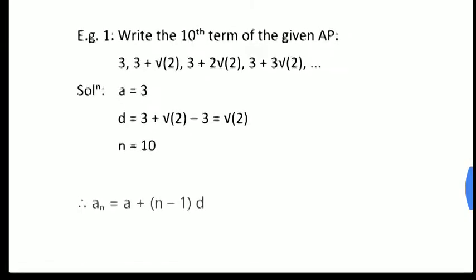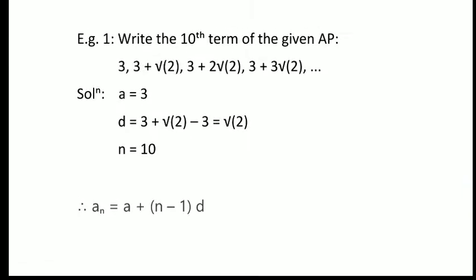So I think all of you understood what an arithmetic progression is and what the nth term of an AP is. Simply memorize the nth term: a plus n minus 1 into d, denoted by an. Different books follow different symbols, but in textbooks mainly they use an, so use an also for the nth term.